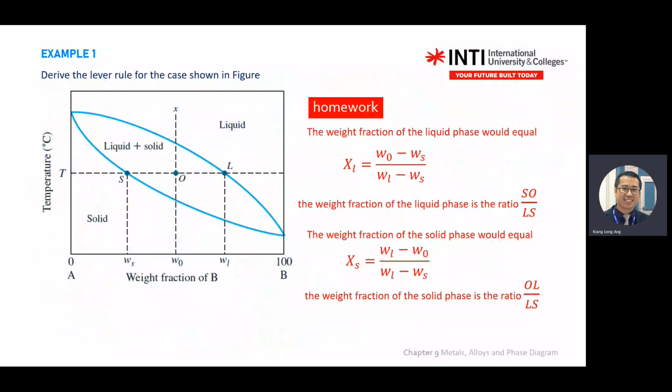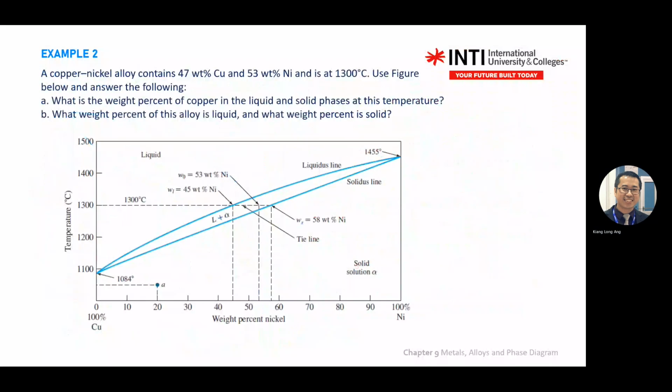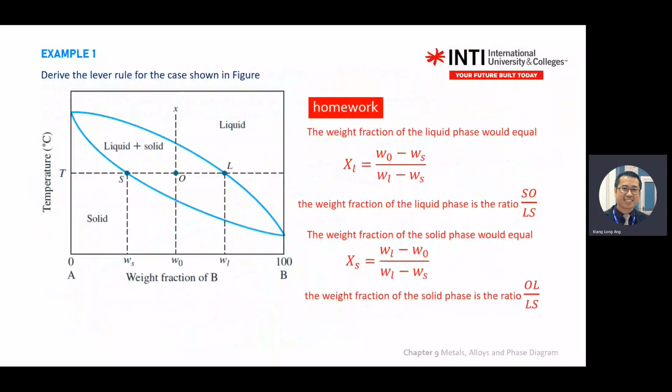Example 1 is just a derivation. So you see, solid, liquid, we have 3 points. You draw temperature, the lever rule. Then you want to find percentage of solid. You look at the liquid, then liquid to the X, this one to find your solid.